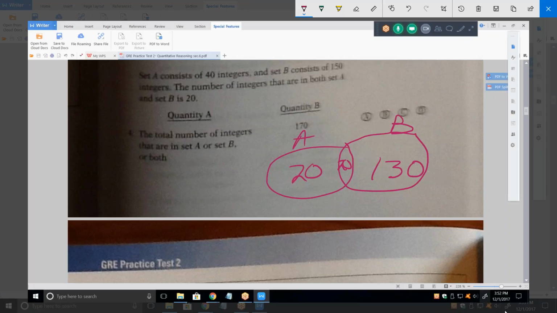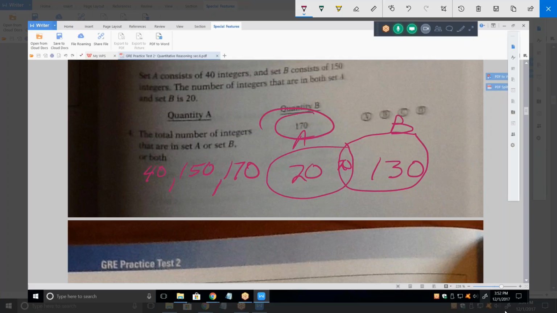The total number of integers that are in set A, which is 40, or set B, which is 150, or both, which is 170. Right. So the answers to this are 40, 150, or both, 170. The answer to that is 170.